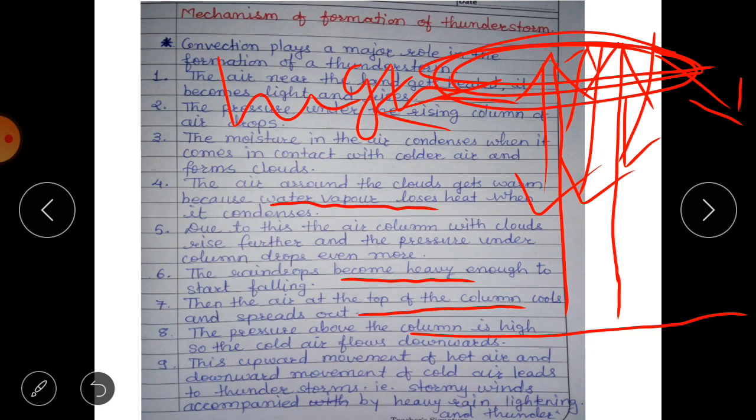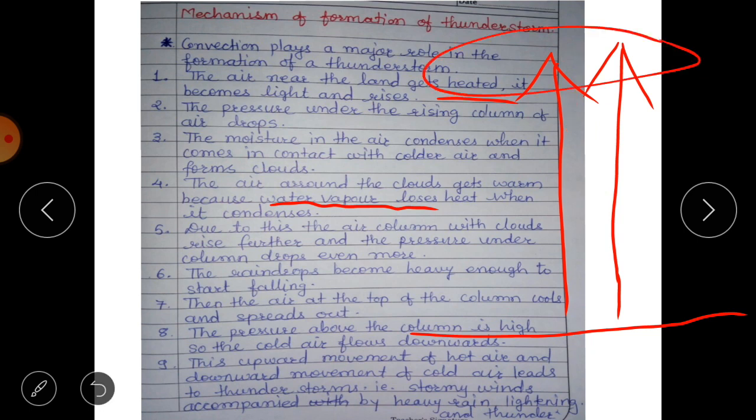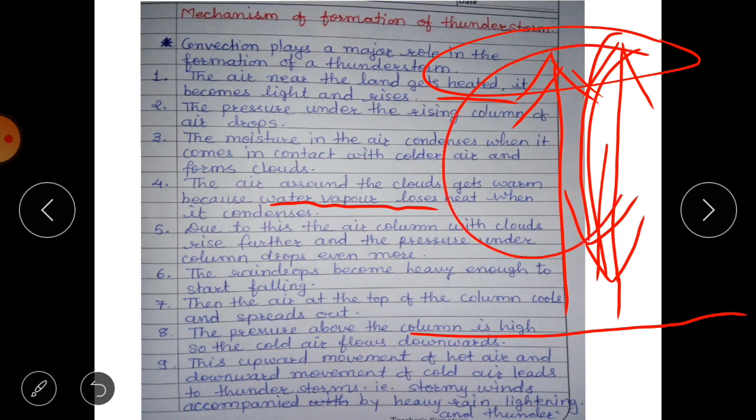On the top of this air column the pressure is very high, and that's why this cold air flows downwards. It means the warm air is rising up and the cold air is coming down, and this upward movement of hot air and the downward movement of cold air leads to the thunderstorm.